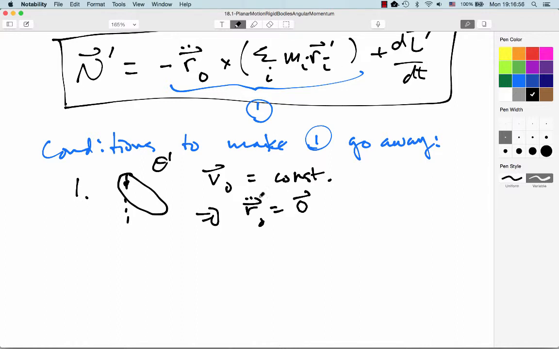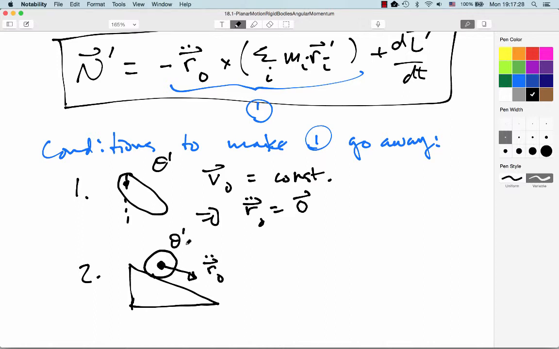All right, another possibility is if you put the axis at the center of mass, this is usually the axis for O prime at the center of mass. So for instance here, if we took a look at, say, a cylinder or a sphere rolling down an inclined plane, what we did was we always, naturally enough, stuck our O prime at the center of mass.